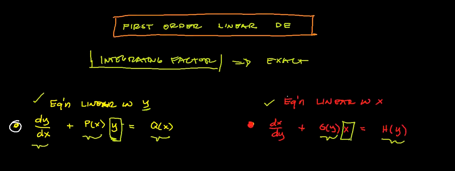Now we will have an example, and we will also be discussing these steps on how we can solve the general or the particular solution when we have a first order linear DE that is either linear in Y in this standard form, or a DE that is linear in X using this form.